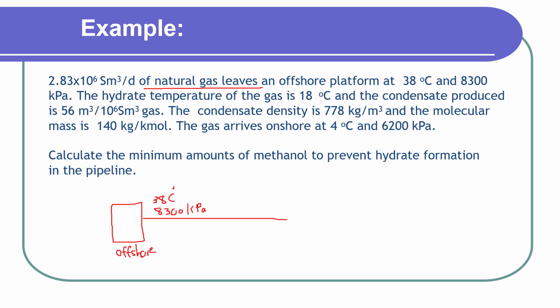And it goes to a specific location, for example, a natural gas processing location, or what we call here in the question the onshore. So here let's call it natural gas processing onshore.